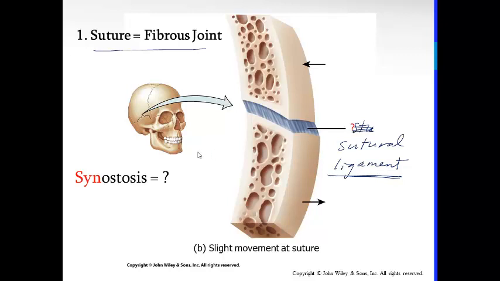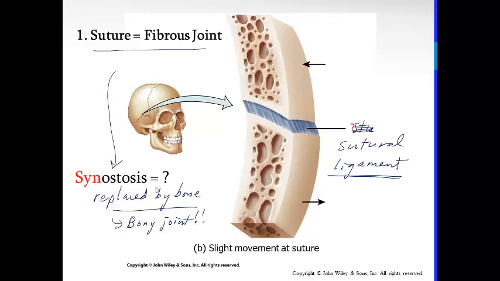Now some of these sutures, the ligaments are replaced by bones. When they are replaced by bones, we become a bony joint. So we call that synostosis.